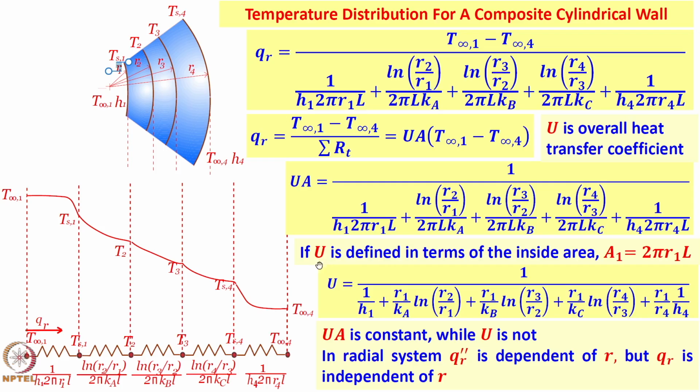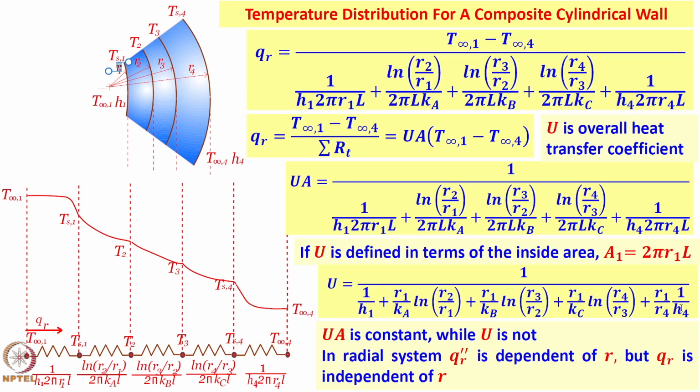I could write this U defined in terms of the outside area. The expression will have a similar form, but the values of U that you calculate based on inside and outside surface area will be different, because here 1 by H4 will be standing alone, and H1 will be standing with respect to R4. So, R4 by R1 H1, whereas here it would be 1 by H1.